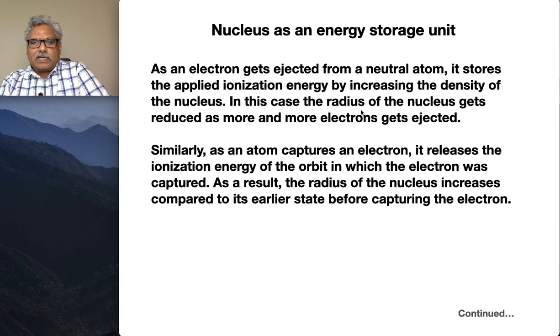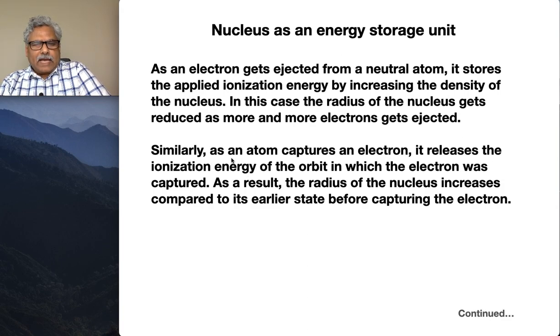In this case, the radius of the nucleus gets reduced as more and more electrons get ejected. If you keep removing electrons, the nucleus gets compact, and it stores more energy because the nucleons are closer to each other.